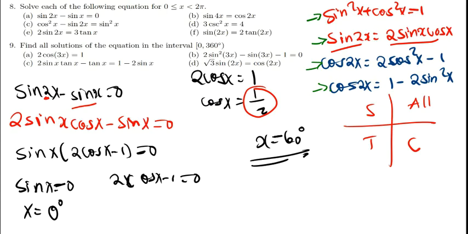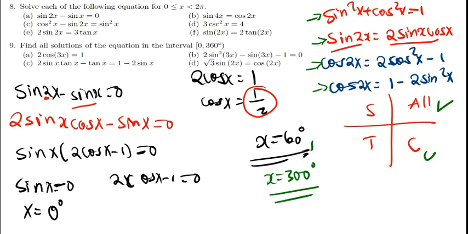Cos is positive in this quadrant and in the fourth quadrant. So in the first quadrant it is the angle you have come up with. The second quadrant we don't have because it's positive. Third, no. Fourth, so you say 360 minus 60, which is going to be 300.